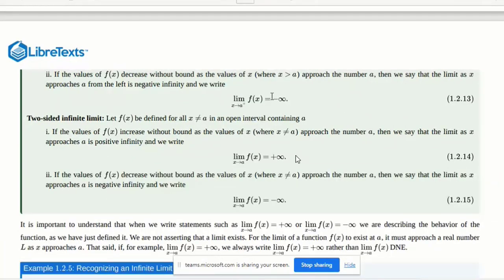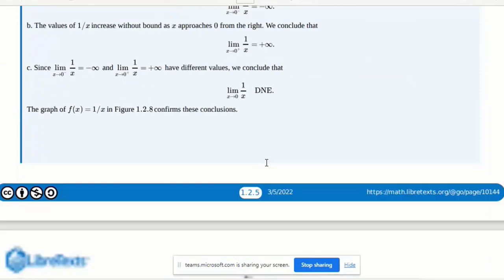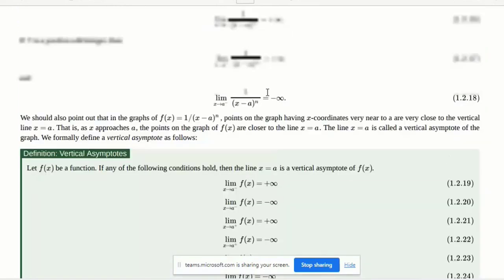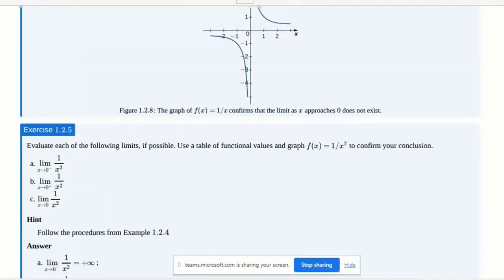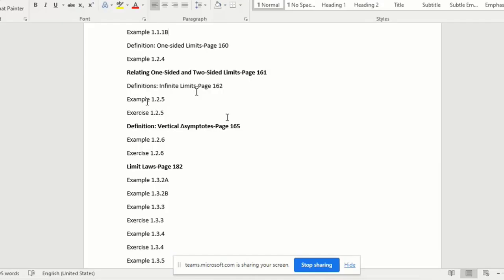And then for two-sided infinite limits, when it is increasing, we're expecting a positive infinity. If f of x is decreasing, we're expecting a negative infinity. All these have just been summarized, coming up from the definition above there.